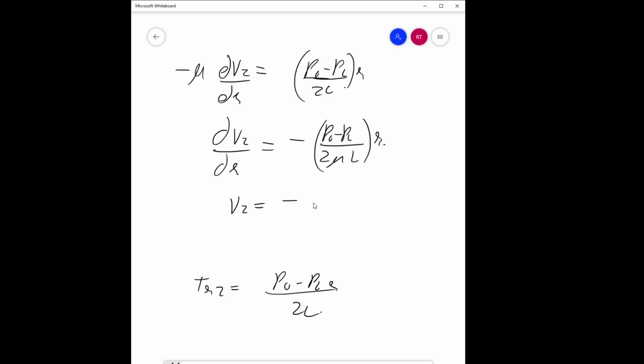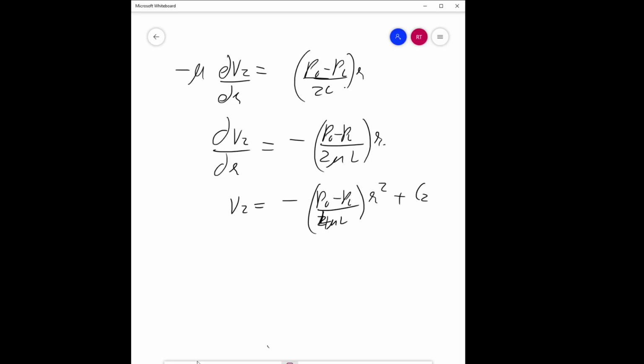Vz is equal to minus (P0 minus PL) by 2 nu L times r square by 2, plus here you will have the constant C2.